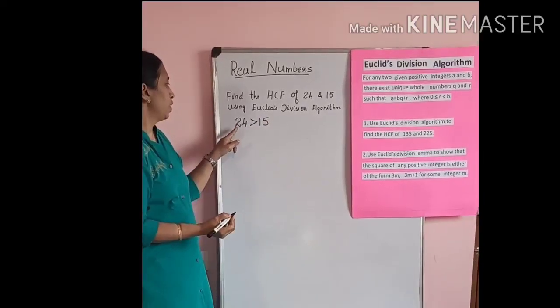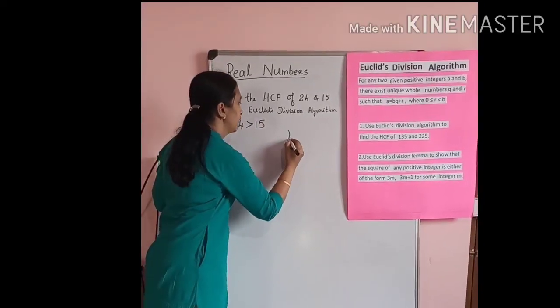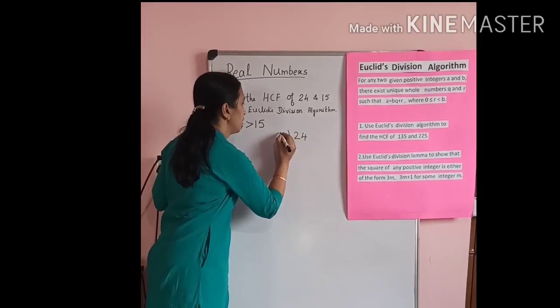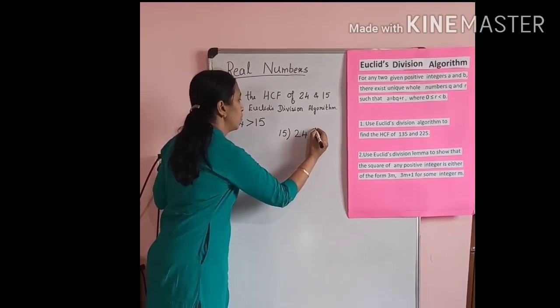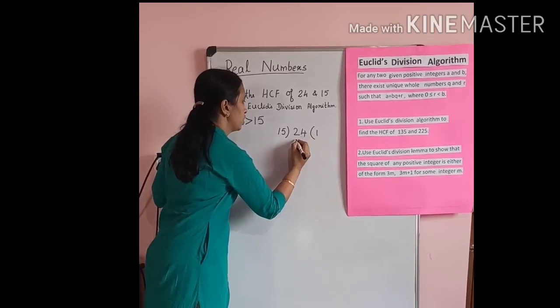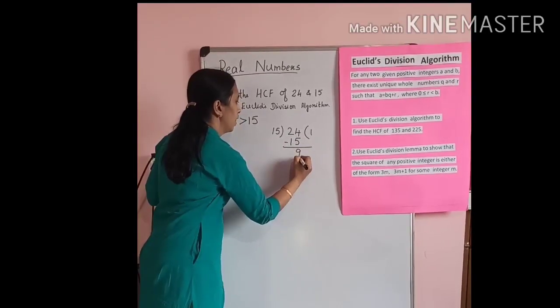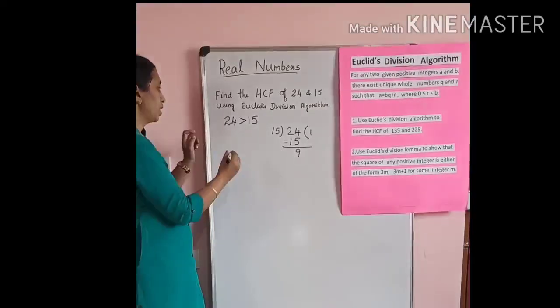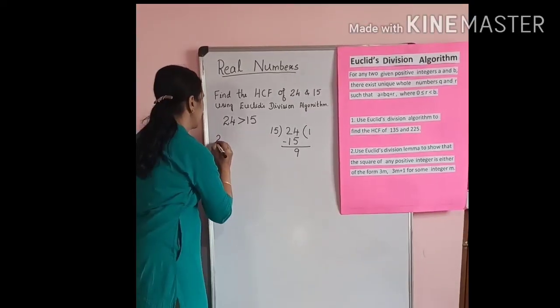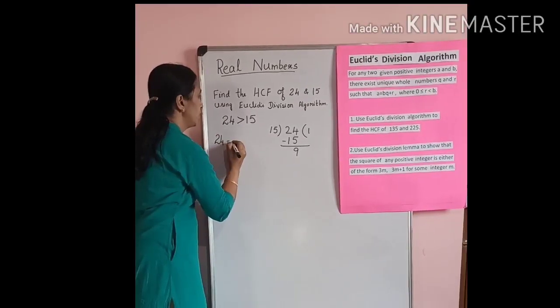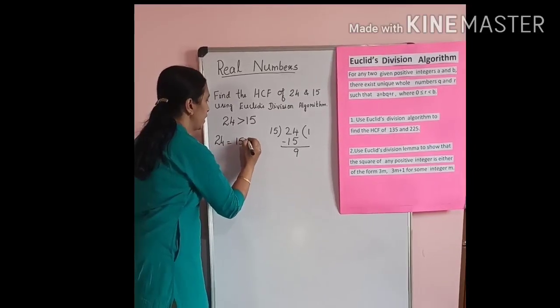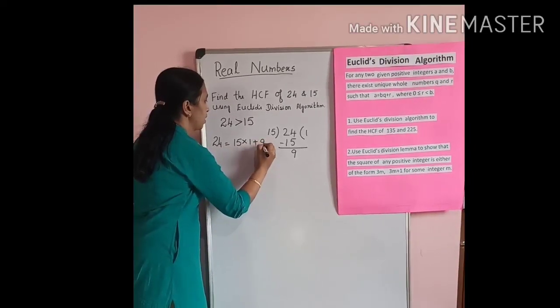Now if you divide 24 by 15, we will get 1 as quotient and 9 as remainder. We can write this algorithm as 24 is equal to 15 into 1 plus 9.